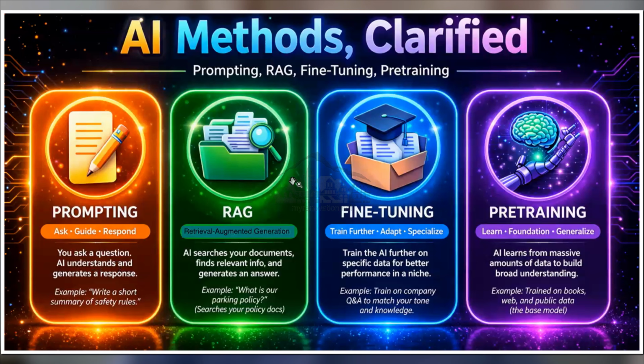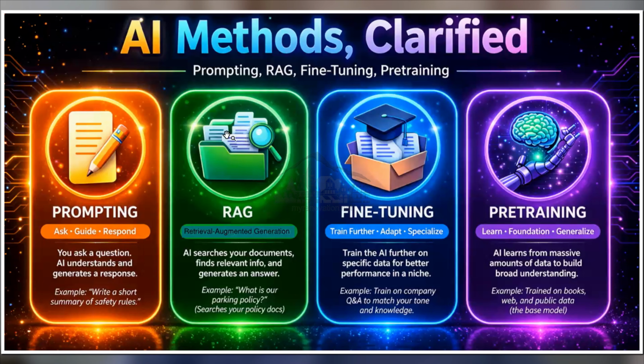Number 2 is RAG, short for Retrieval Augmented Generation. This is the most important method, and you have to be so careful how to use it. In this video, we're going to go a little bit deeper into how to use it, what to do and what not to do.